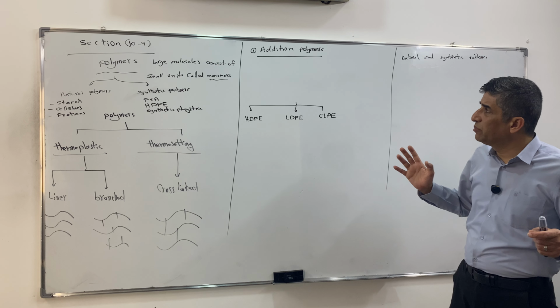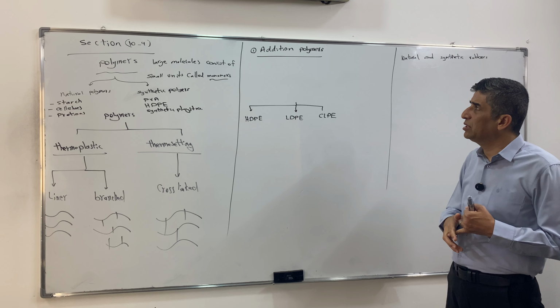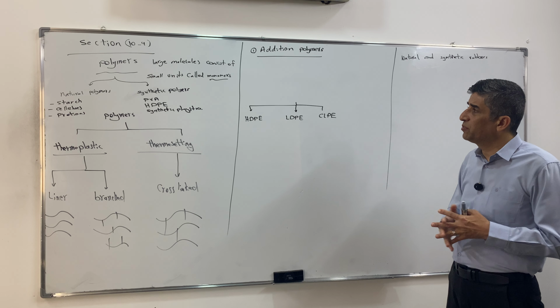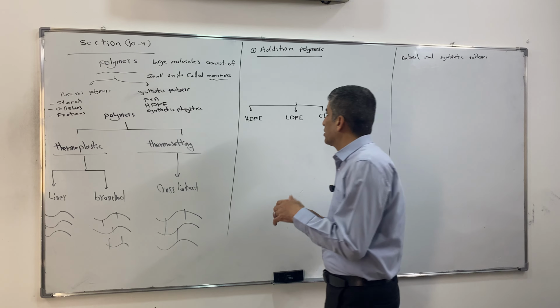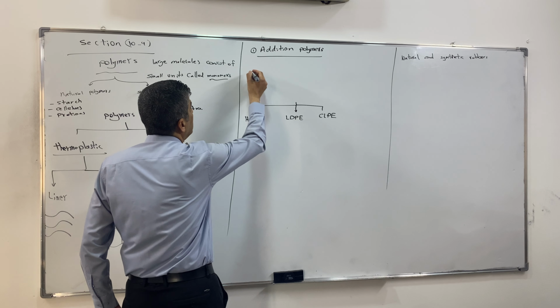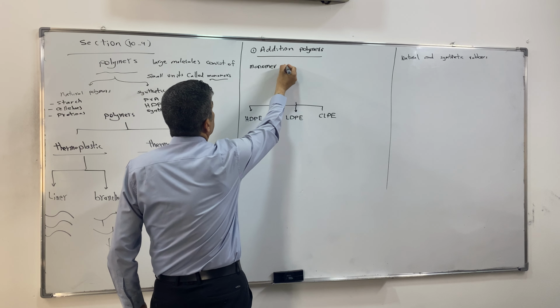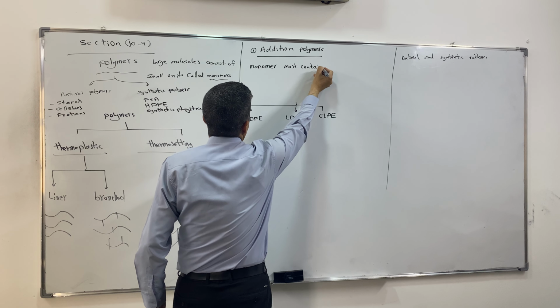Now we have two methods to prepare polymers: addition polymers and condensation polymers, according to the reaction used to prepare the polymer. In addition polymers, we have an addition reaction, but the monomer must contain a double bond.